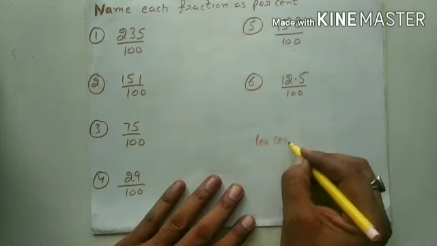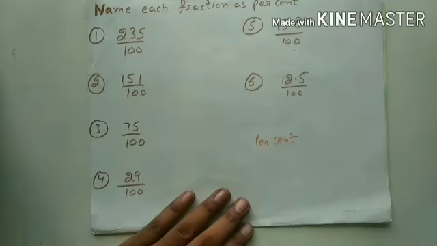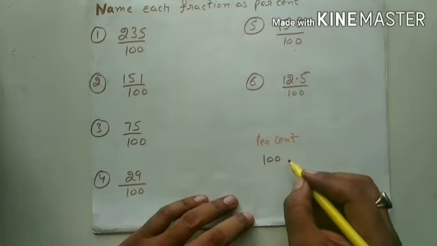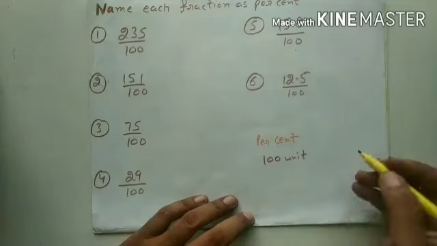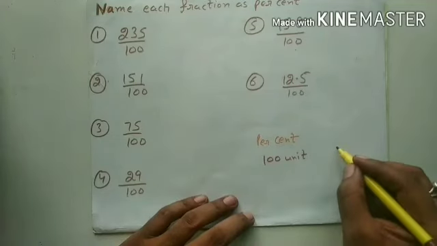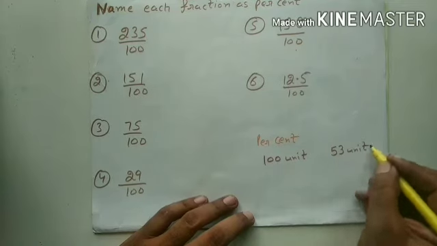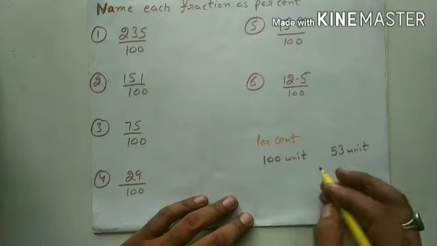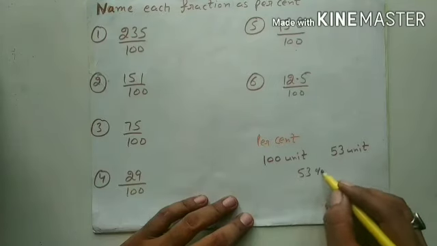percent. Okay, so it means if there are 100 items, say there are 100 units of anything, and we are taking, say, 53 units, then these 53 out of these 100 will be called 53%.